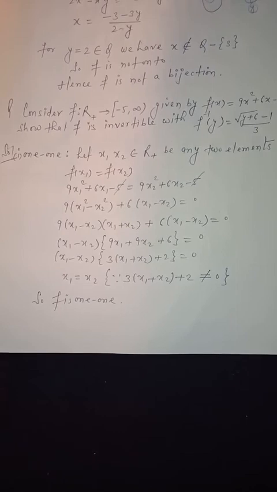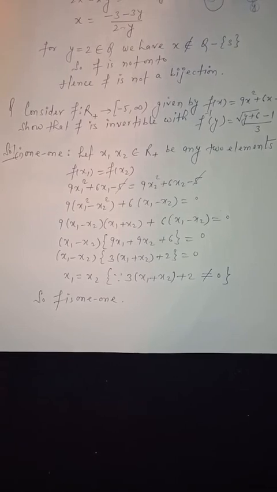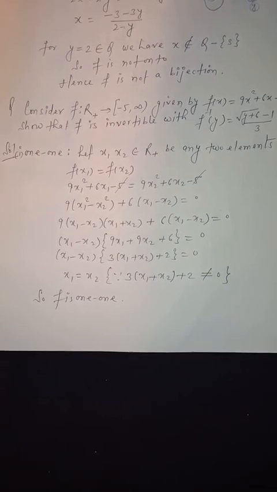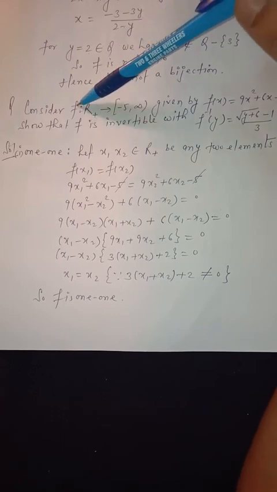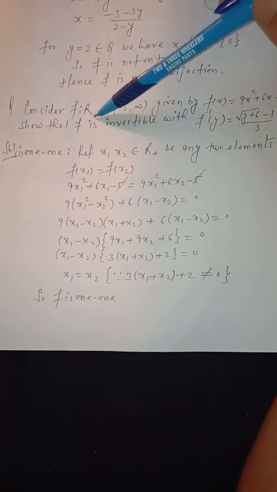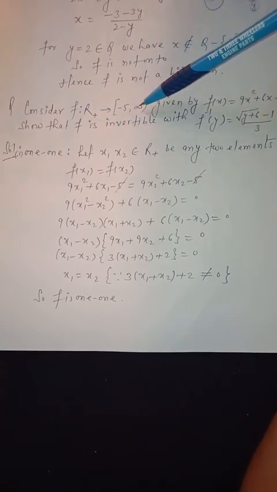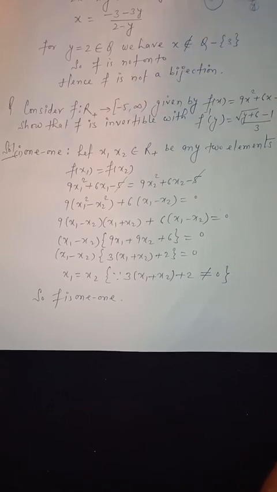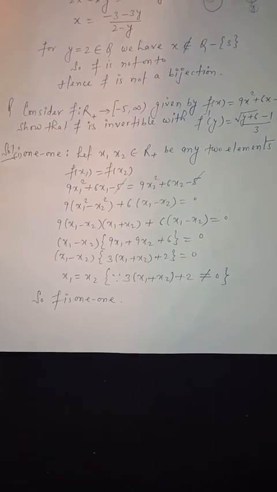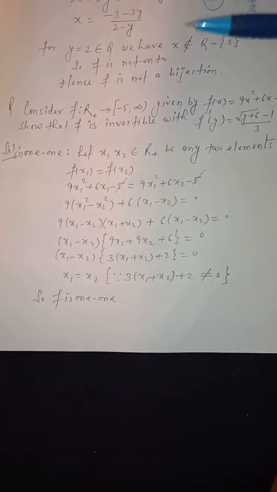So in this series, take this last problem and consider f is a function from R+ to [-5, infinity). This is a closed interval, means this function is defined for all positive real values. I am not saying for all real numbers.